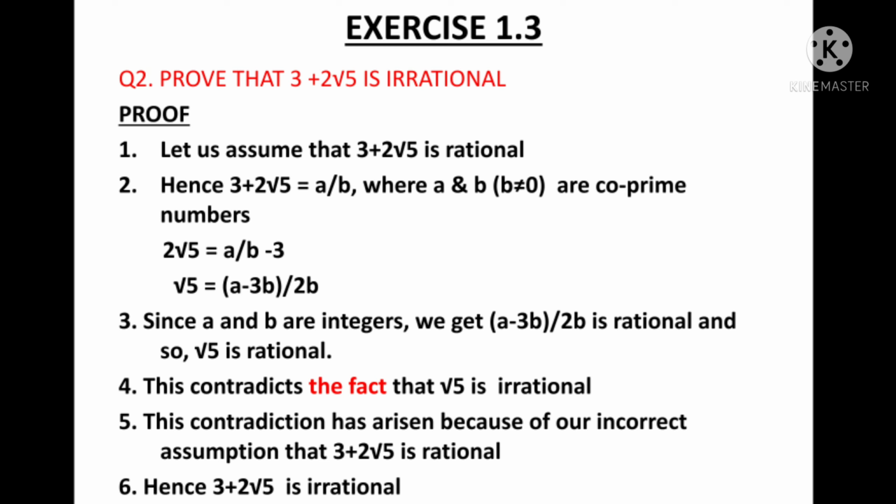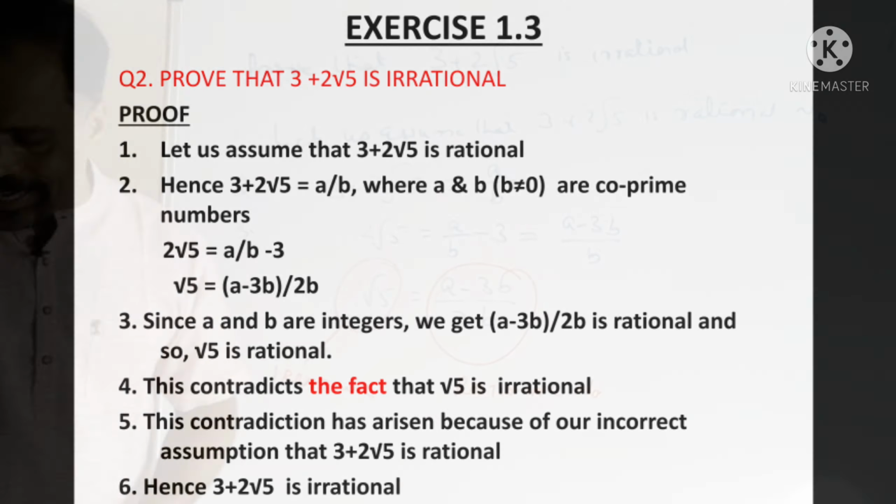Therefore a minus 3b divided by 2b is also a rational number. That means if the right hand side is a rational number, the left hand side should be a rational number. But it contradicts the fact that root 5 is an irrational number. Therefore we have taken an incorrect assumption. Therefore 3 plus 2 root 5 is irrational.